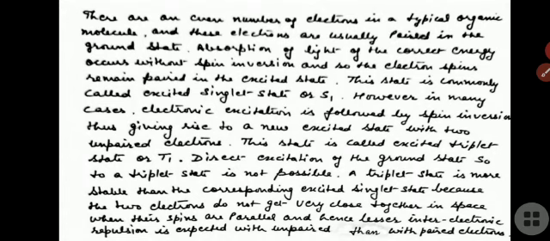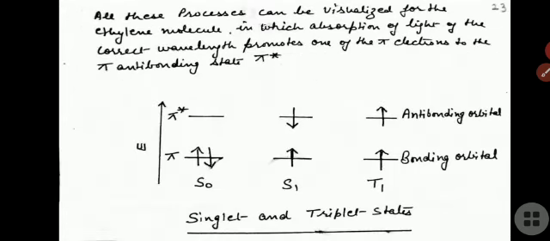These processes can be visualized for the ethylene molecule, in which absorption of light of the correct wavelength promotes one of the pi electrons to the pi antibonding state, pi star. So have a look at the figure. Singlet and triplet states are shown.